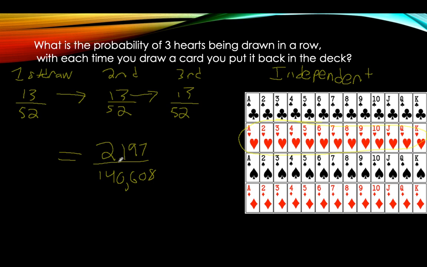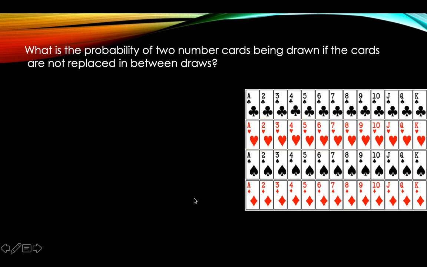Let's see if that simplifies. Divided by... 2,197 over 140,608 equals math fraction. And that equals 1 out of 64. Okay? And so that would be the probability of selecting 3 hearts in a row. So that's pretty unlikely. So they're independent because they didn't affect one another.